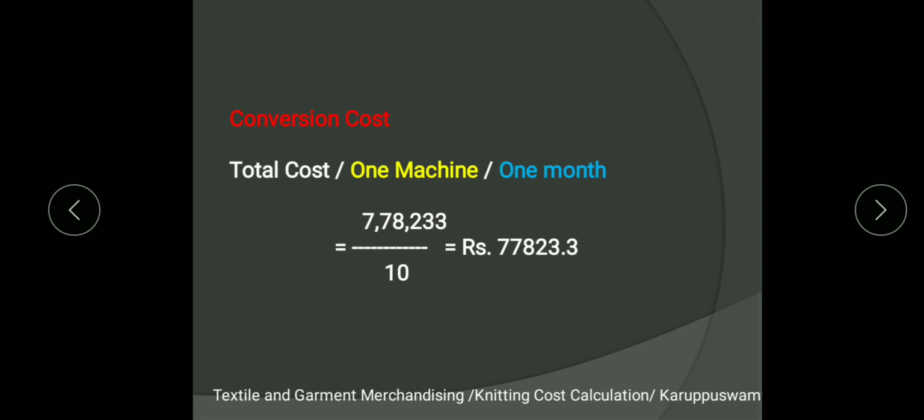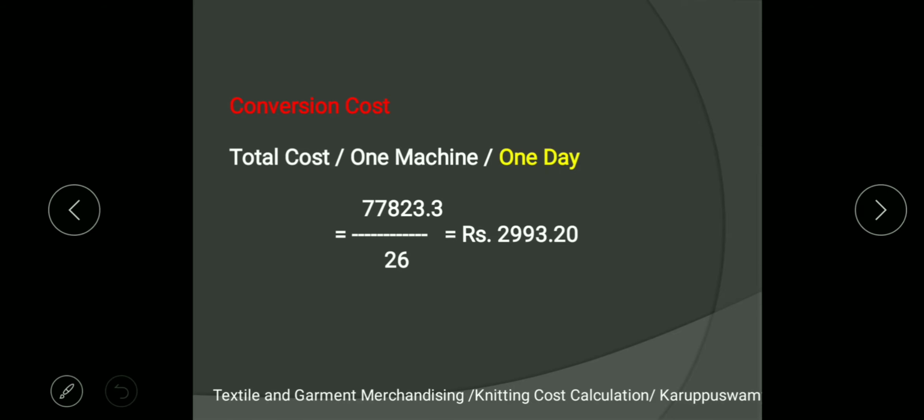So when you divide this total expense by the number of machines, you will get the expense incurred to run 1 machine. So it is very clear that 77,823 rupees you have to spend to run one knitting machine for 1 month. So this value is the total amount which is required to run one machine in a month.